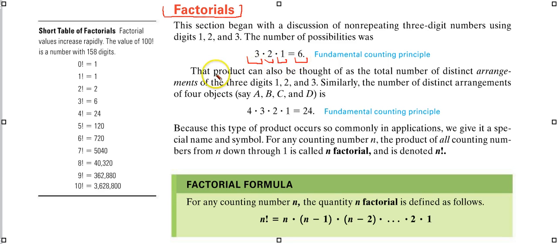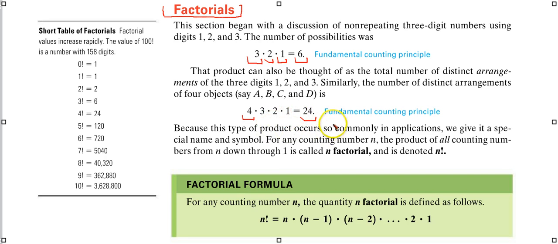Now, the product is the total number of distinct arrangements of the 3 digits. And here now, similarly for 4 objects, there are 4 in the first, 1 less makes it 3, 2 less makes it 2, and then 1. So we get the sequence 4, 3, 2, 1, and if we multiply them together we get 24.